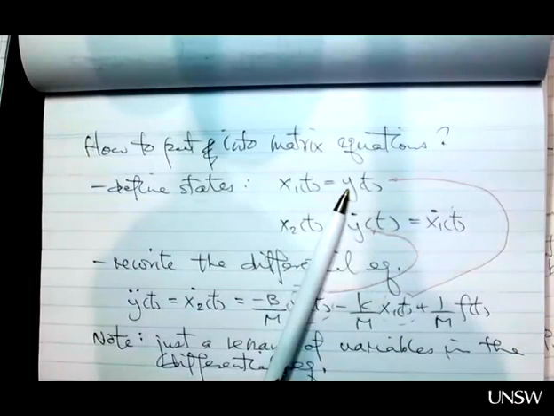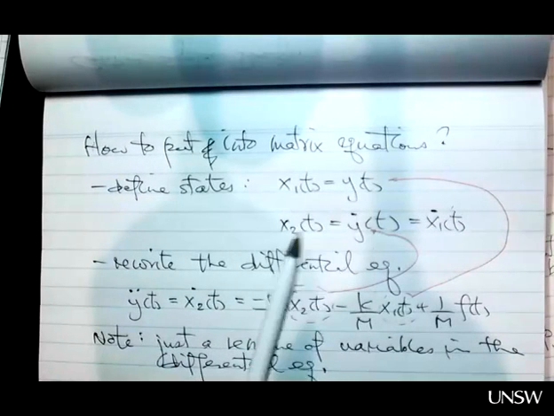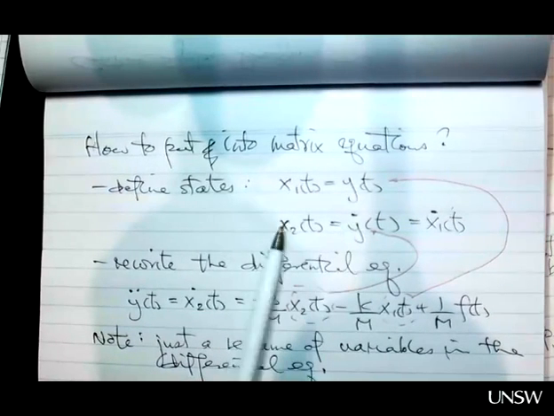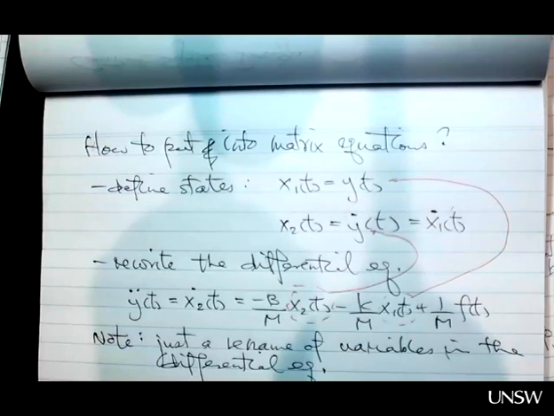Here we define y as x1 and then y dot as x2. Can we define y as x2 and then x1 equals y dot? It is equally valid, all right?